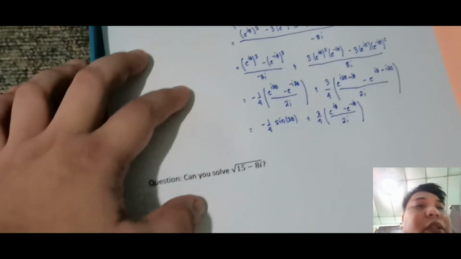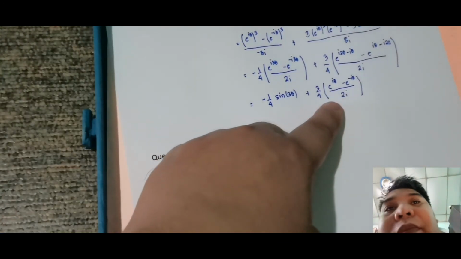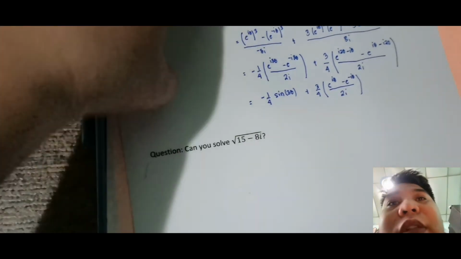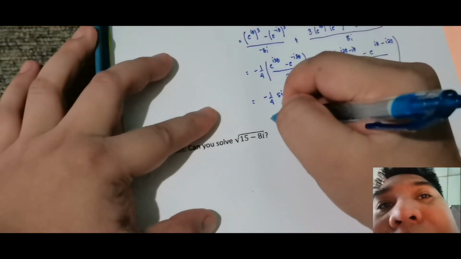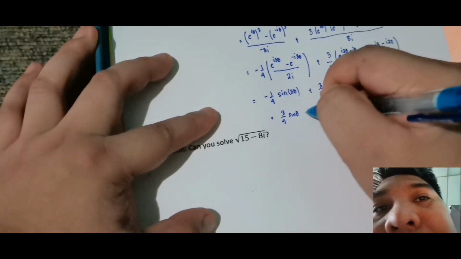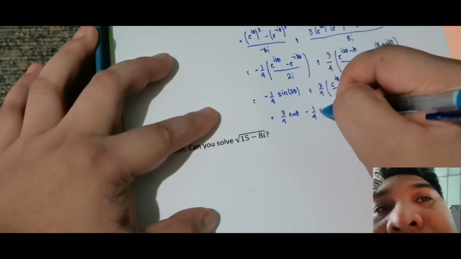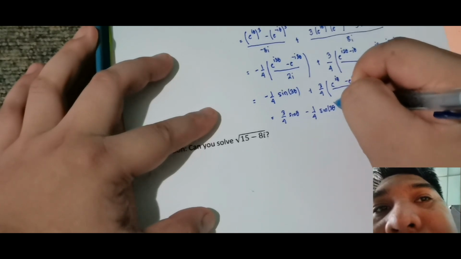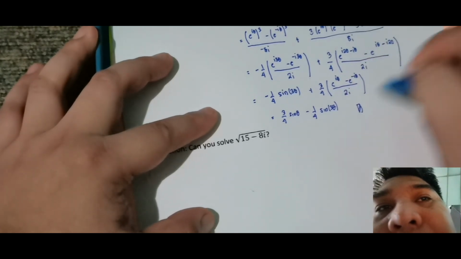So obviously, this part is just sin theta. So that is equivalent to 3/4 sin theta minus 1/4 sin 3 theta. So, therefore, this is that.